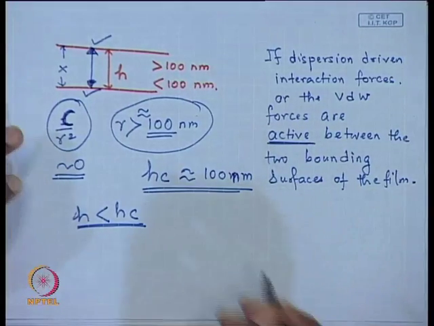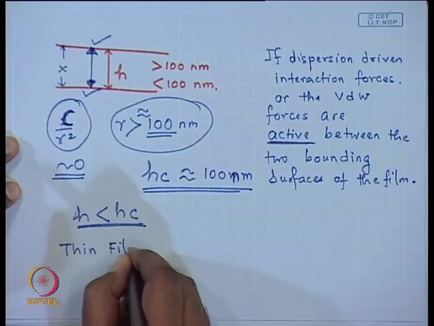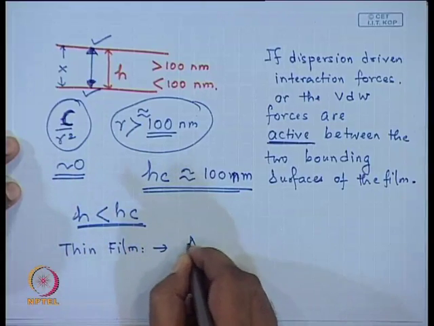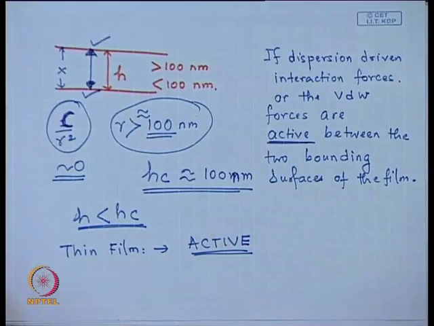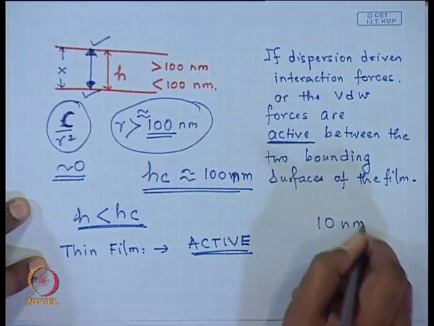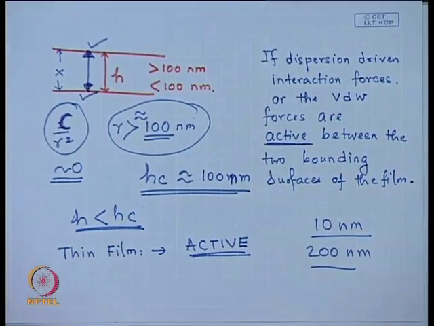So, in our context we will define a thin film to be a system where we have the force to be active, and based on that the cutoff typically can be a maximum of 100 nanometer. So, when we talk about a film which is let us say 10 nanometer thick vis-a-vis a film which is let us say 200 nanometer thick, the key difference that immediately comes.